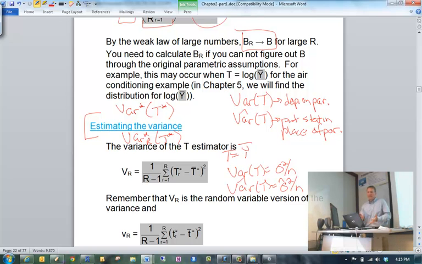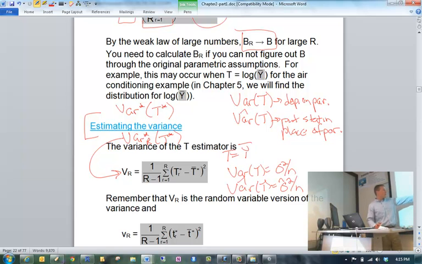Well, how would we get that? This is the book's notation now: V subscript R indicates over R resamples. All you do is take the unbiased sample variance of your T stars.